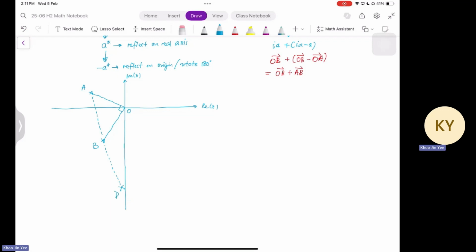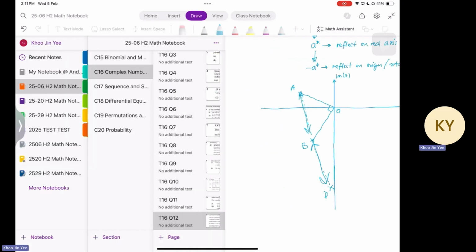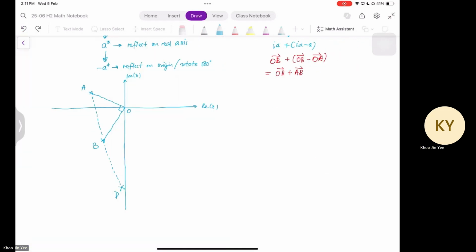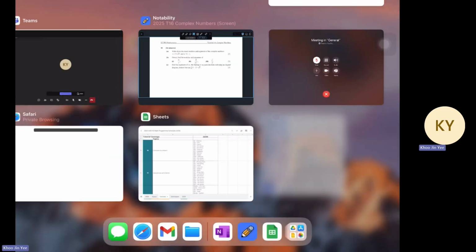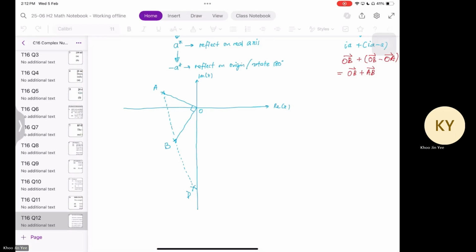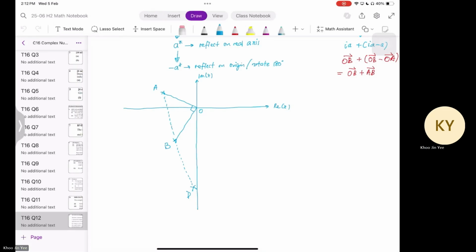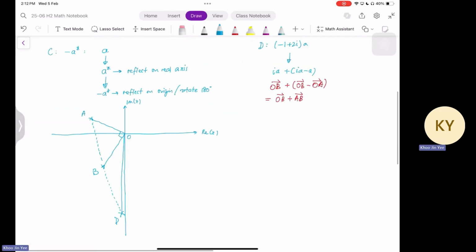It may be here also, as long as this length and this length are equivalent, because you are adding AB. What you're doing is you copy and paste AB over here, like that. And don't forget to pull D all the way to O. I hate OneNote. Yeah, like that. So this is point D.